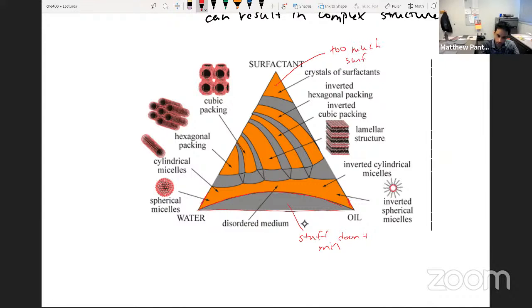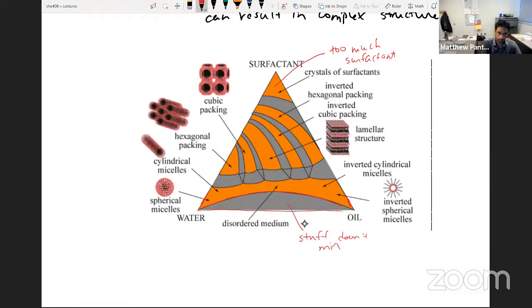Right, so it's almost pure surfactant at that point, which is typically many times powders, sometimes some kind of liquid, but either way, it's so much of it that you can't really make anything out of it.